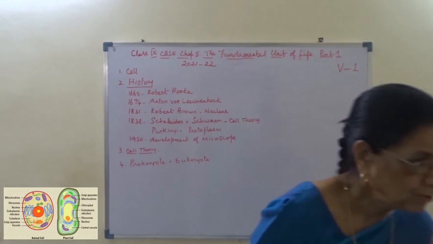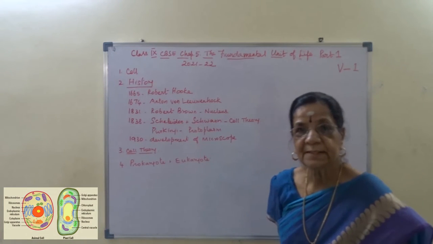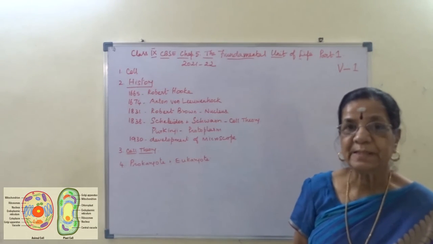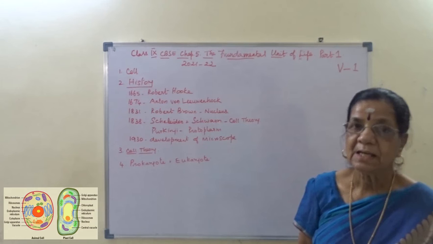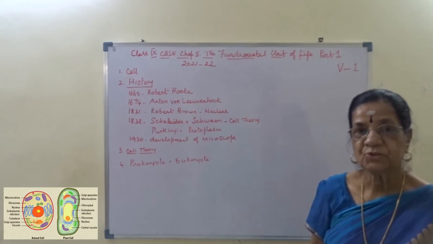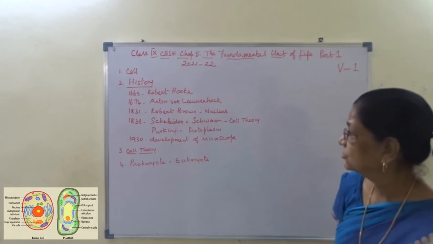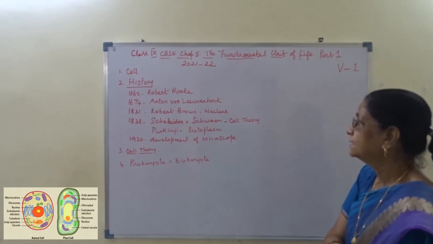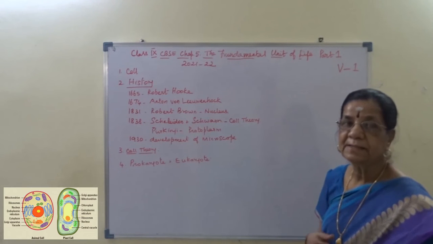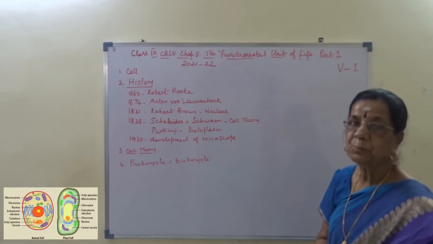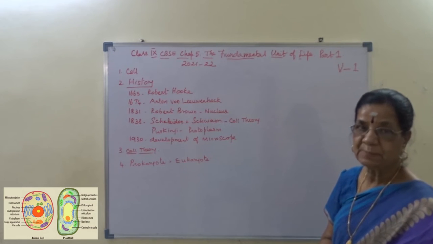Anton von Leeuwenhoek identified the presence of sperm cell, that is male gamete, and then identified some protozoan organism.